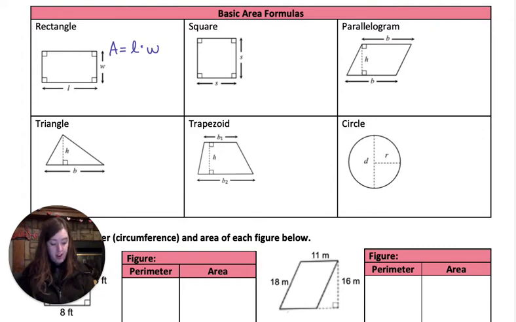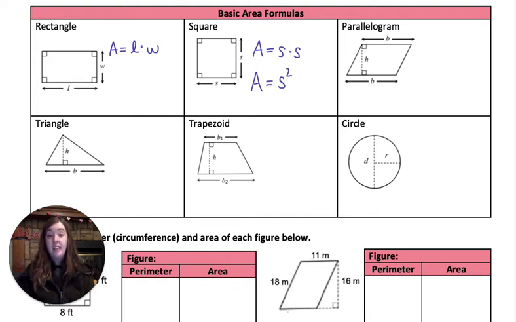For a square, I think of it the exact same way as a rectangle. Here, I would take side times side. But another option, since it's side times side, is that's going to be side squared.